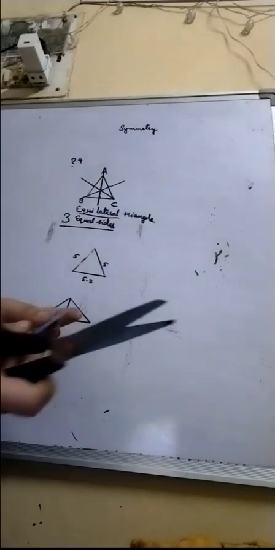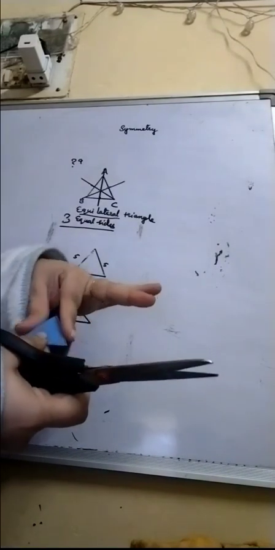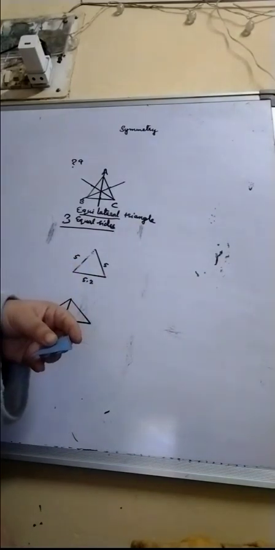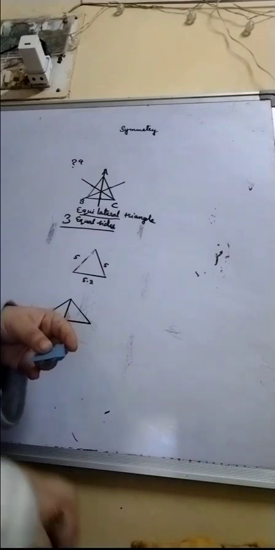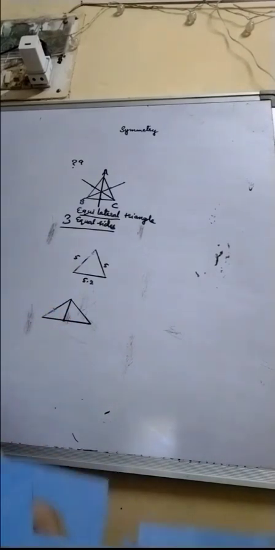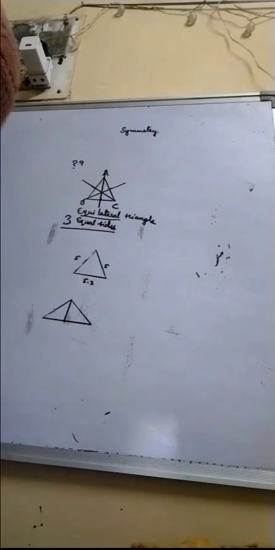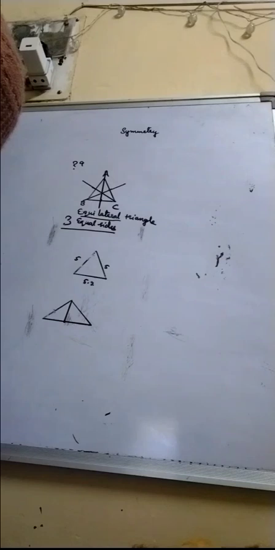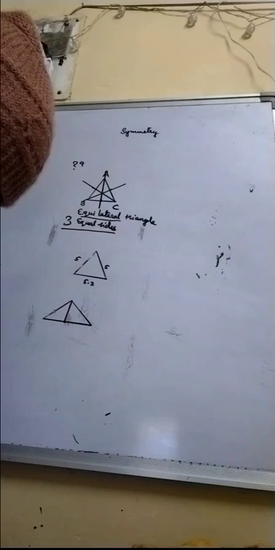So this is the triangle that we have made with two equal sides and one unequal side. Now if I take the midpoint of the third side, let us take the midpoint. Third side is of 5.5 centimeters. So midpoint would be almost 2.2 centimeter.